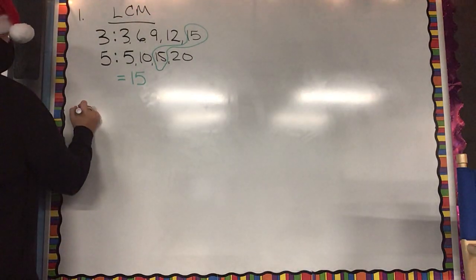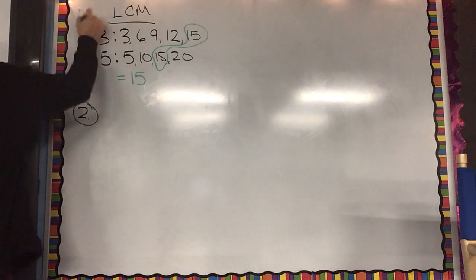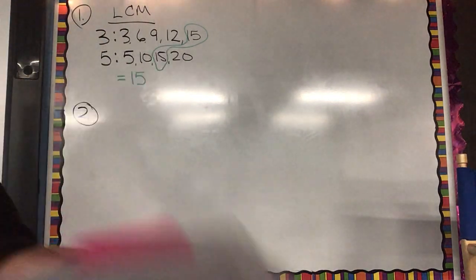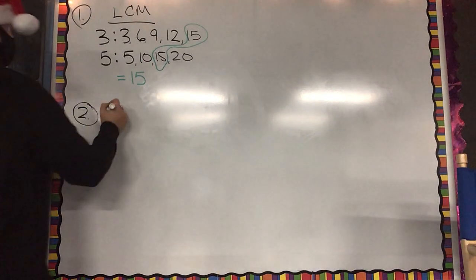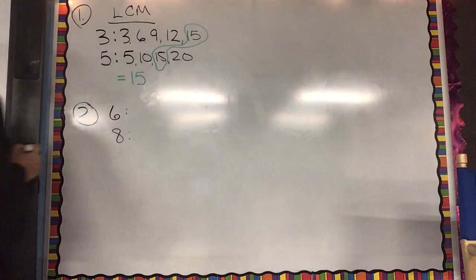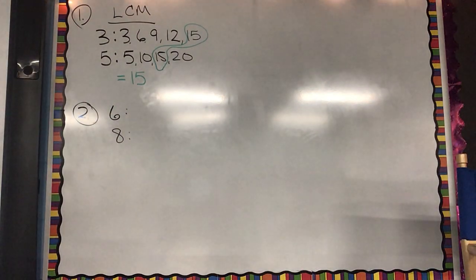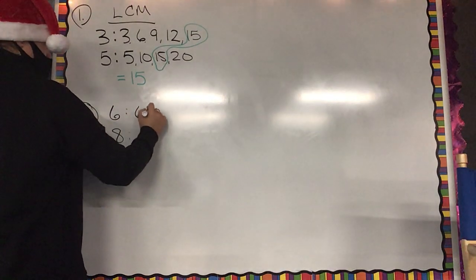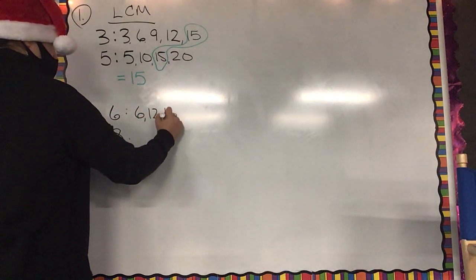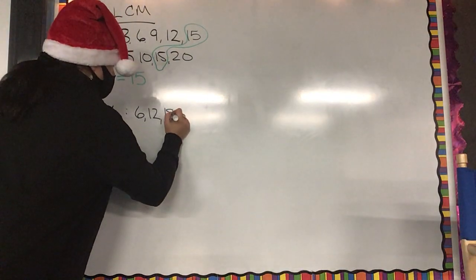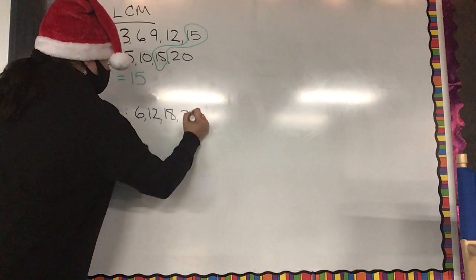Number 2. Let's do 6 and 8. All right, let's list the multiples of 6. Here we go. 6, 12, 18, 24, 32.